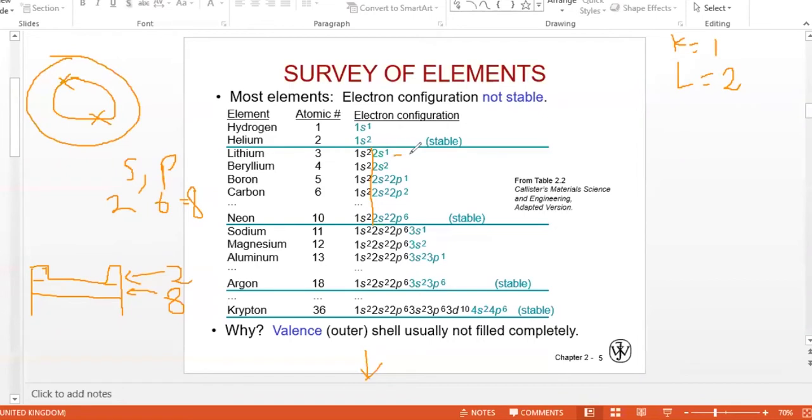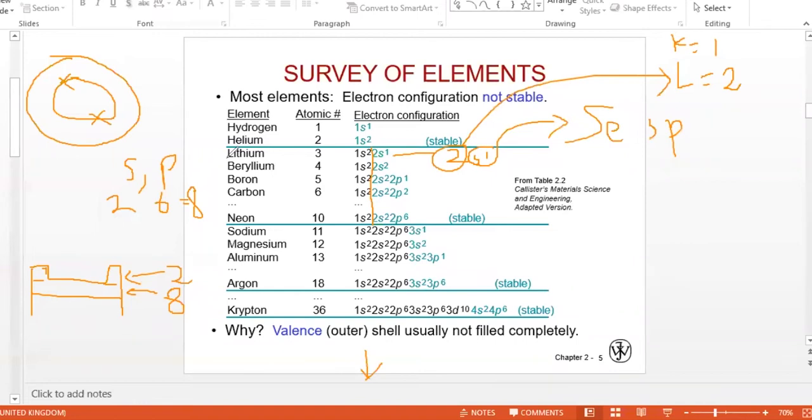So if you write 2s1, this 2 belongs to the main orbit, and this S1, S2, P1 all belong to the secondary orbit. The secondary orbit is where we have S and P and D and so on.